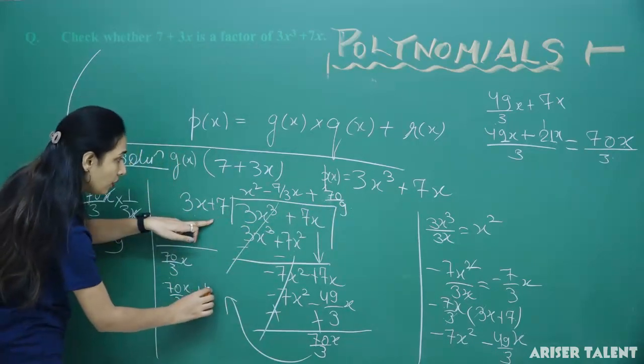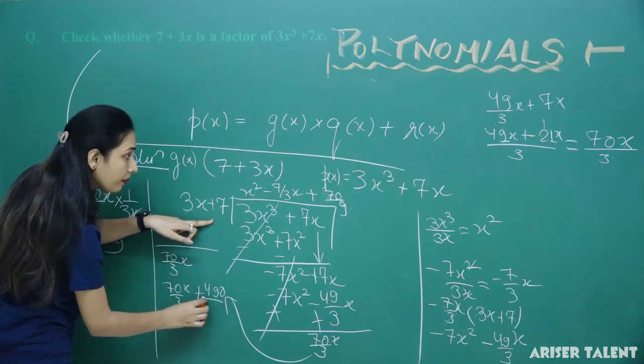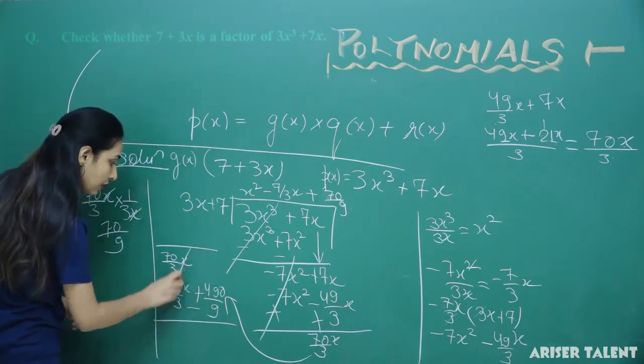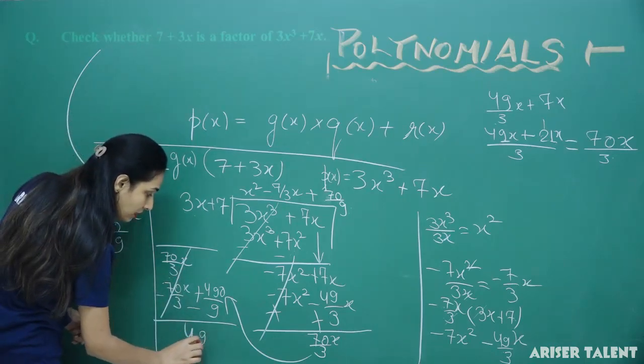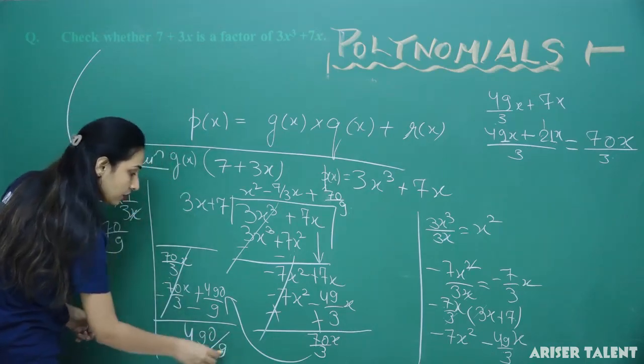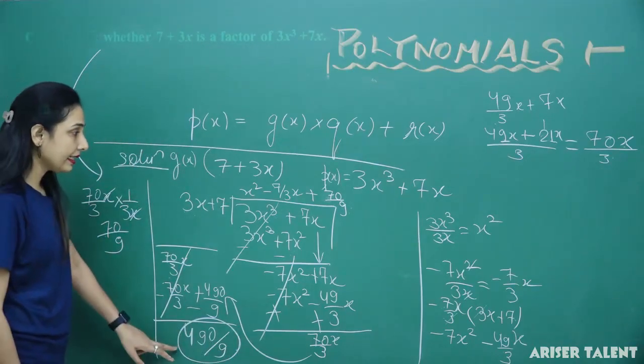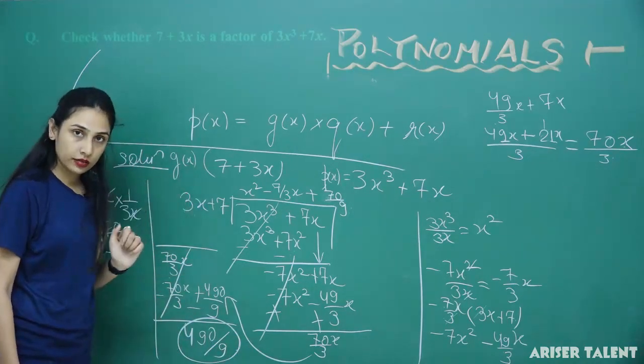So that will be 490 by 9. So now minus minus that will come as 49. So there is what? A remainder remaining. It's here a remainder. Okay.